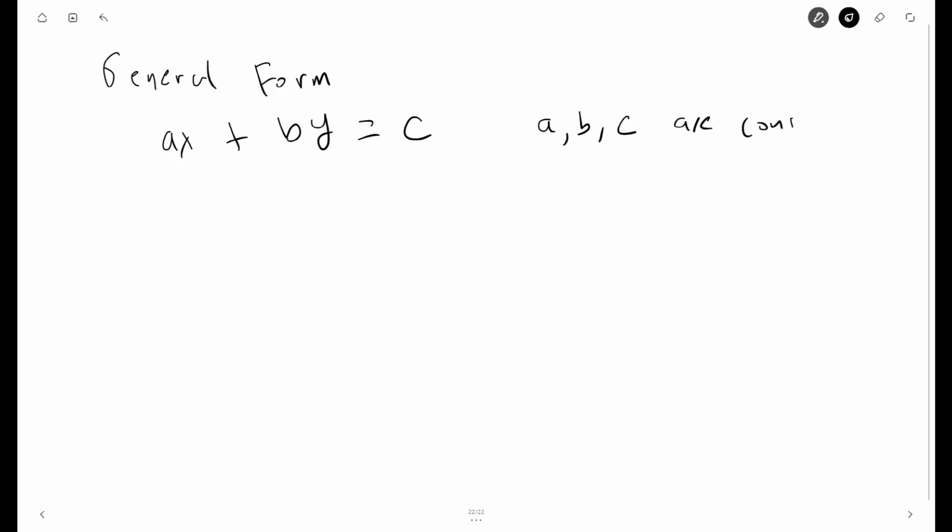The general form is ax plus by equals c. And a, b, c are constants, and x and y are variables.